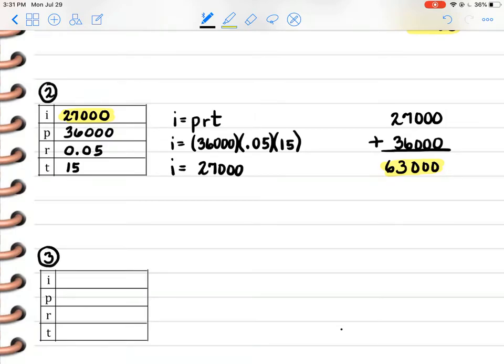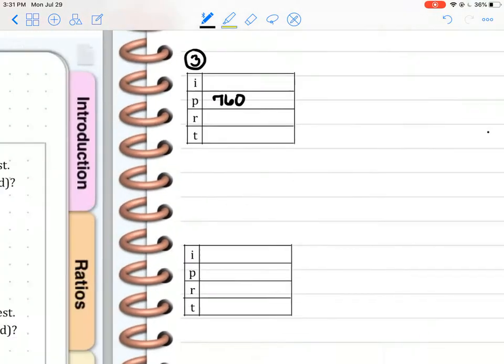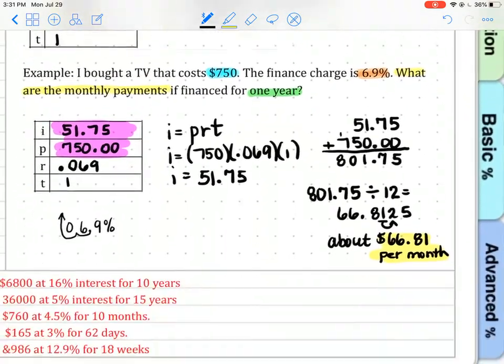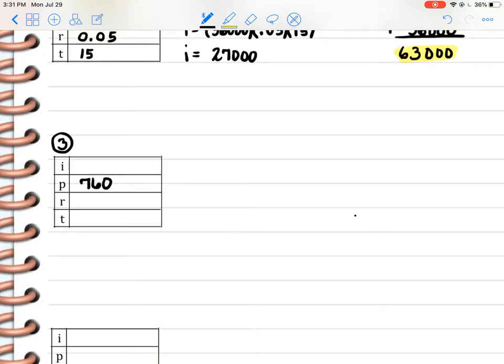Here's problem 3. Your principal is $760. Your rate, be careful: it's 4.5% for 10 months. So let me show you how to get the rate because it's a little bit different.